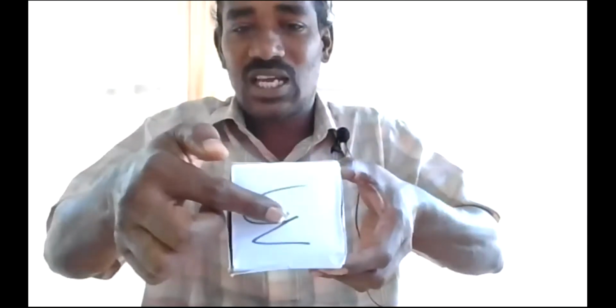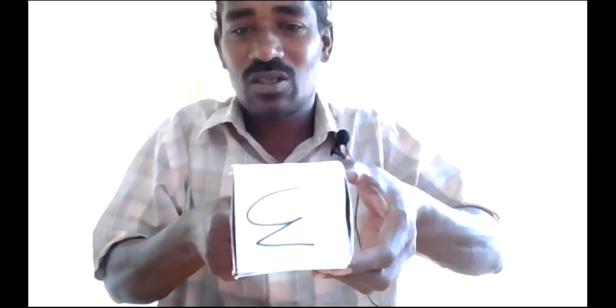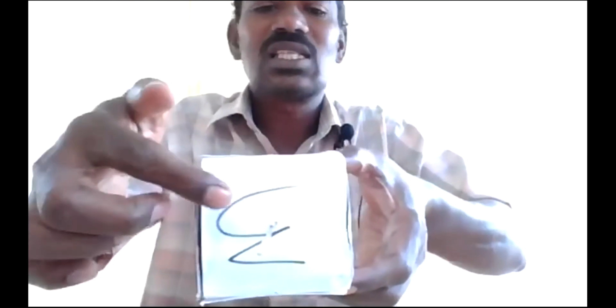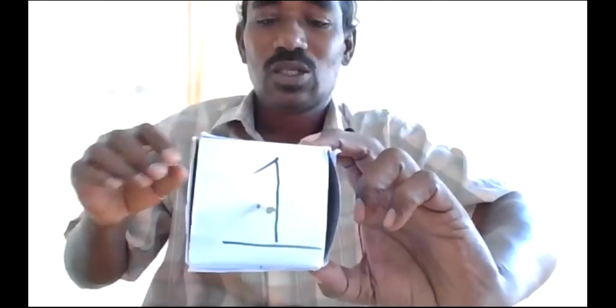Passing through the center of a face, going through the center of the cube, and coming out from the center of the opposite face. You see, this axis is coming through the center of a face. See, the opposite face center I will show. So this axis is passing through opposite face centers.